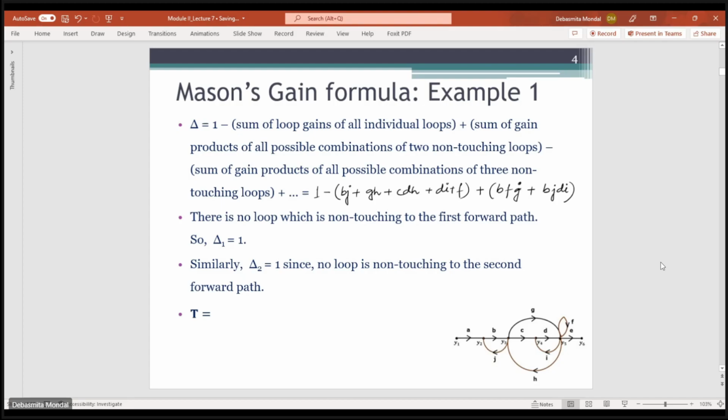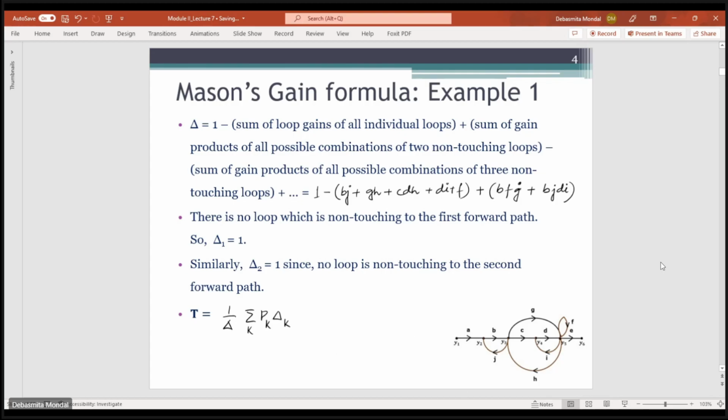Then in Mason's gain formula we have seen that the value of T is equal to 1 by delta, summation over k of Pk into delta k. Now we need to find the value of delta k.